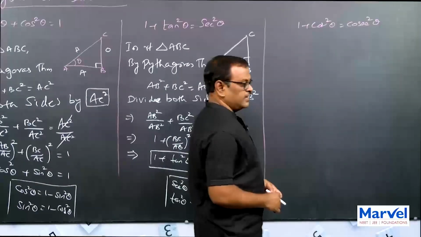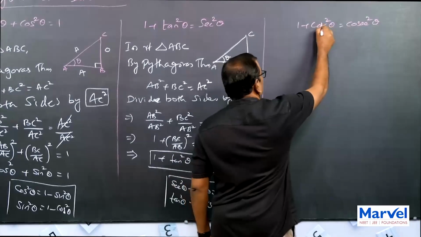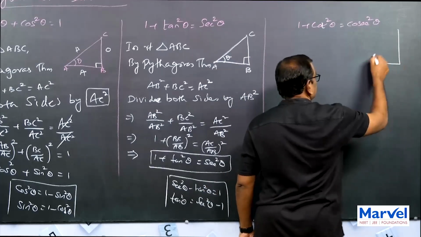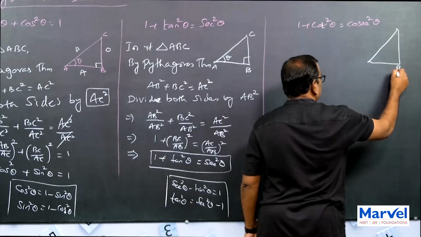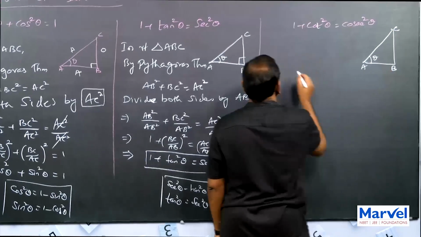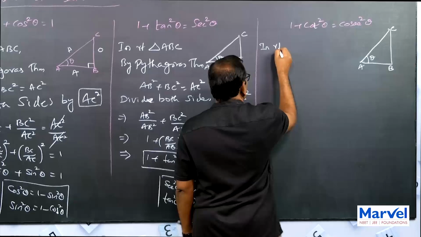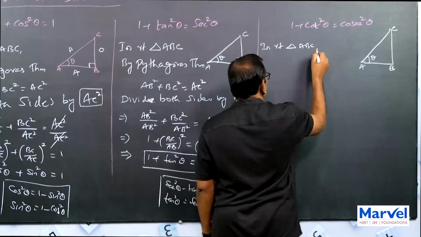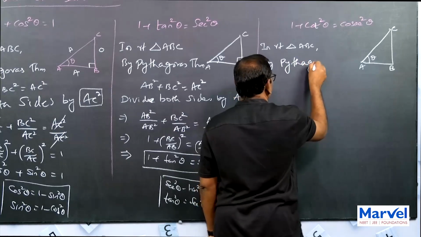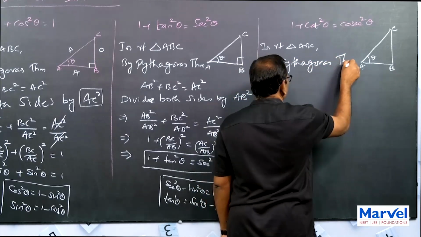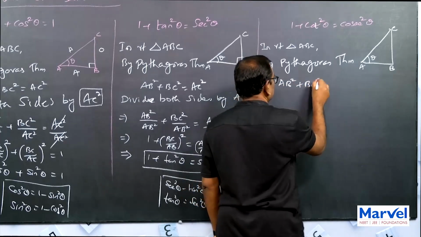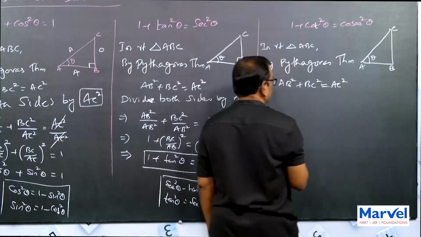And the third identity, 1 plus cot square theta equal to cosecant square theta. The assumption is the same. Draw a right triangle at B, and measure angle A as theta, and this is C. In right triangle ABC, by Pythagoras theorem, AB square plus BC square equal to AC square.